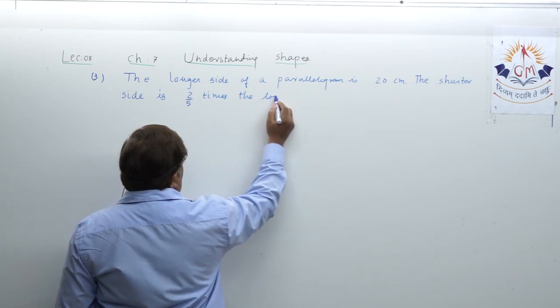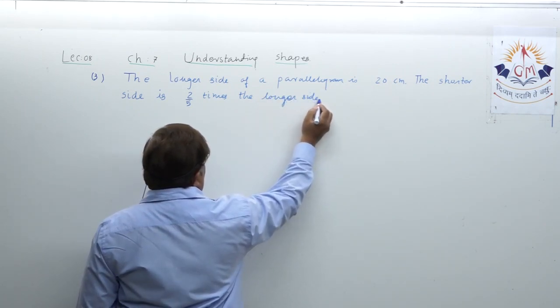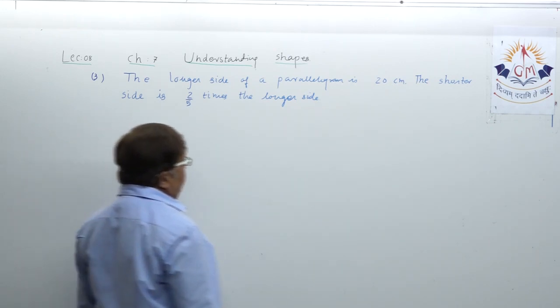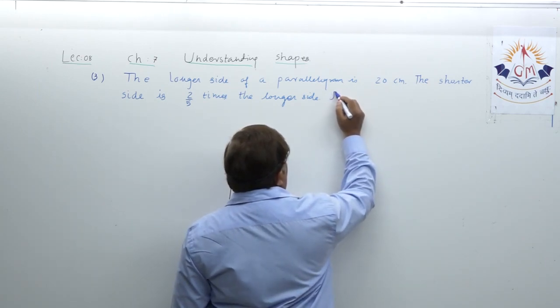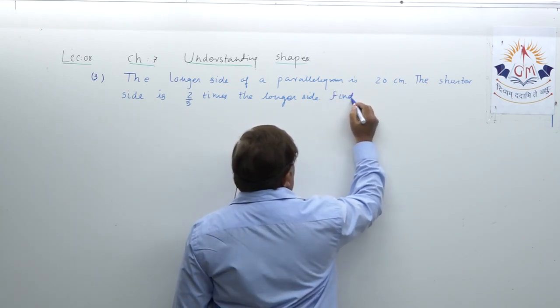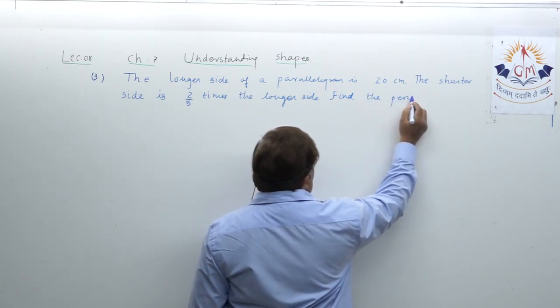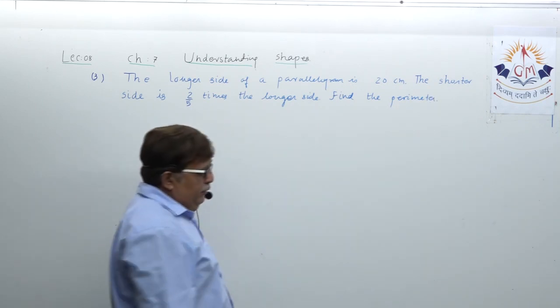Okay. 2 upon 5 times the longer side. The data needs to be read with alertness. Find the perimeter. This is the data that has been given to us.